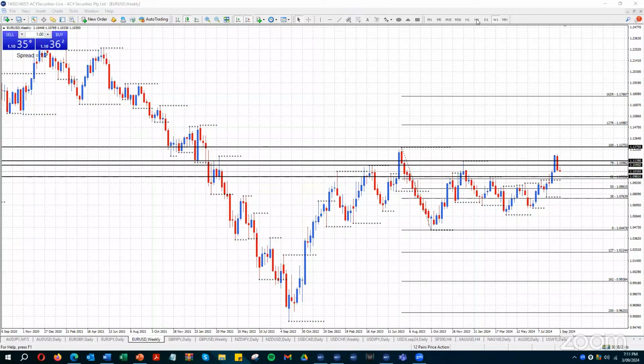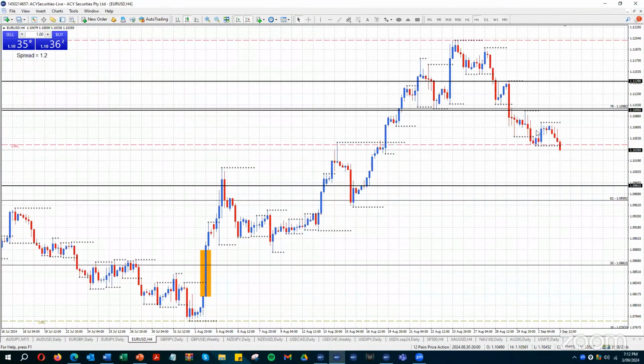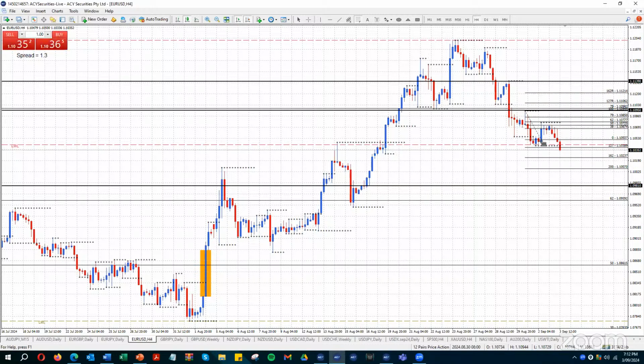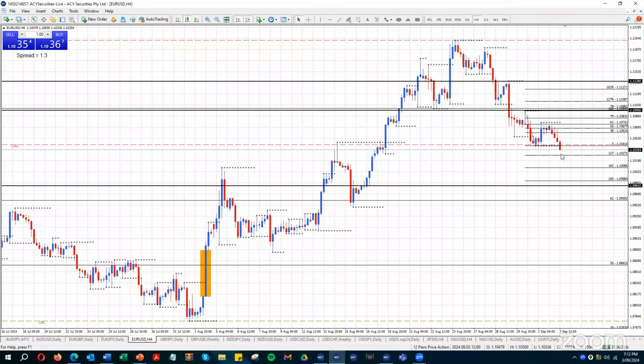So let's drop down into the 4-hour chart. And the most immediate 4-hour trend, we're just getting close to the 127 extension here. So into Friday to Monday, we've rallied to 62 level, coming down. Now we don't have a stop at the 127 level.